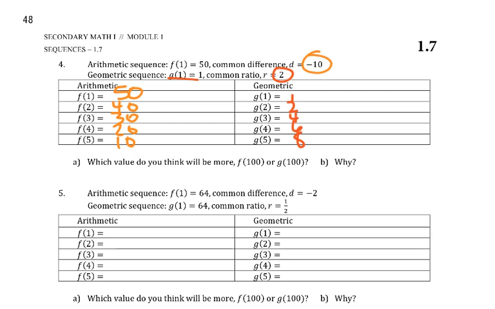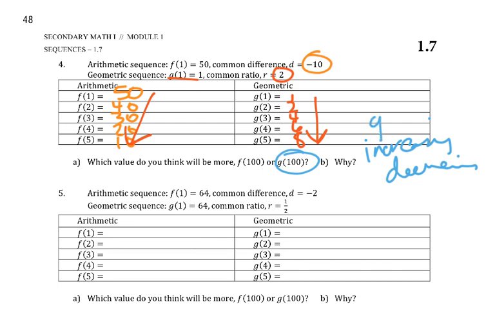Which is going to be bigger? Well, this one is increasing, whereas this one is decreasing. So definitely geometric, because it's increasing while the other one's decreasing. So g of 100 is increasing while f of 100 is decreasing.